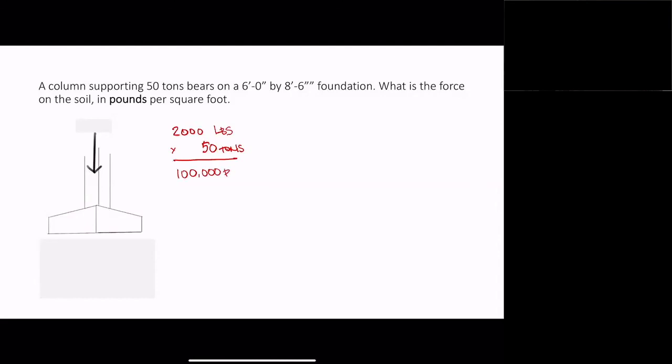Because we want to put it in pounds per square foot. And we have a foundation, a footing that is distributing the load to the soil that's 6 feet by 8.5 feet. And that winds up giving us 51 square feet. The answer is actually quite straightforward.